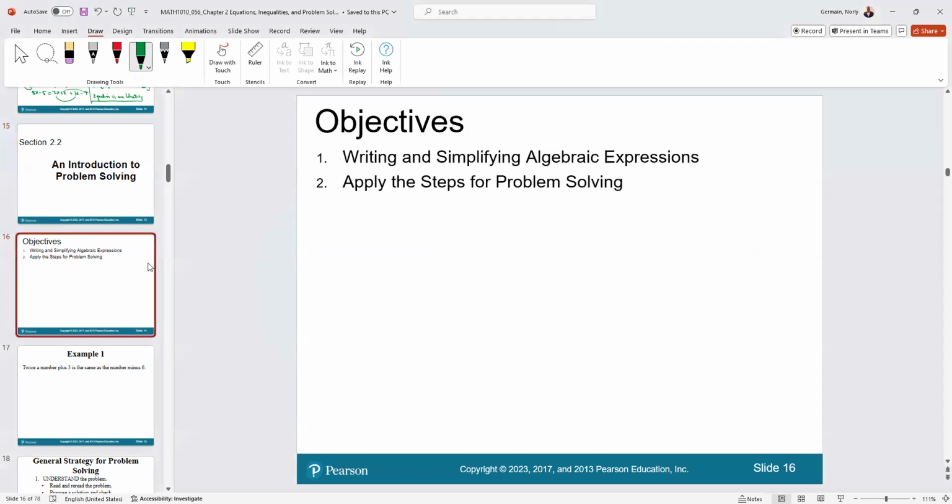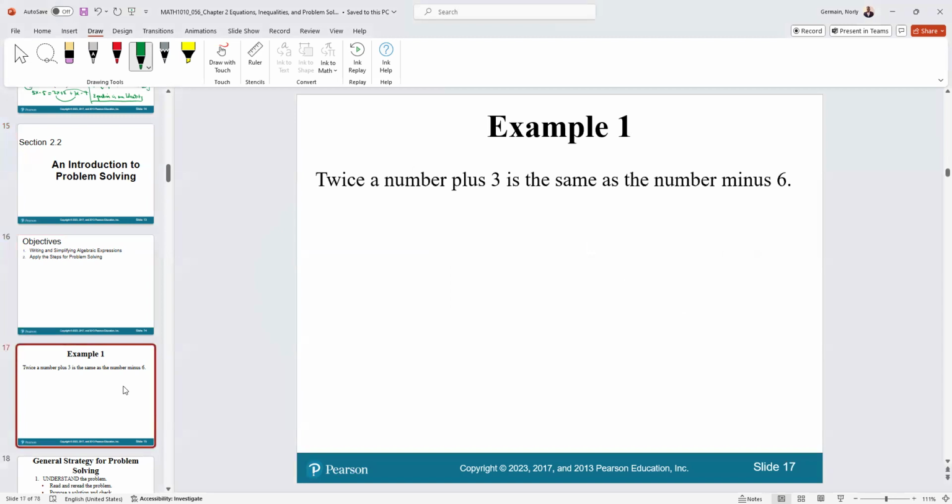The objective for us is to write and simplify algebraic expressions and apply the steps for problem solving. Let's go quickly through a short example, because the objective here is really to write and simplify expressions. Suppose it says, twice a number plus 3 is the same as the number x minus 6.